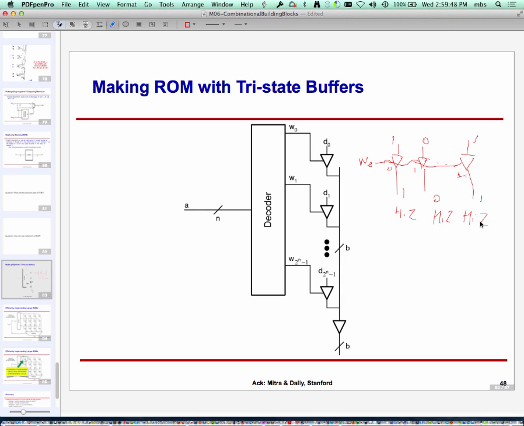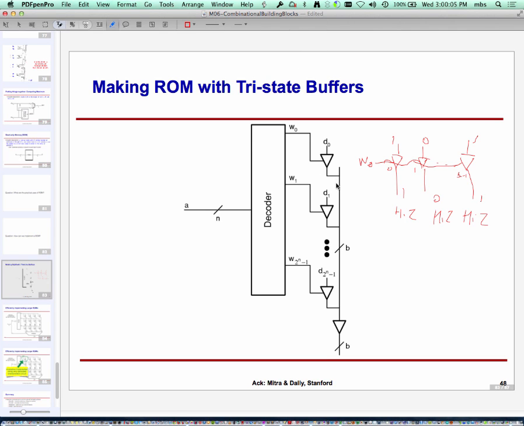But now what we have done is, we have done this thing for every memory location, and we tie together the outputs of their tri-state buffers. So what you see out here is this tri-state buffer, which really has B bits in it.